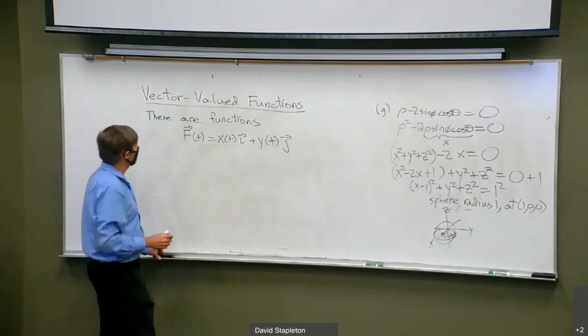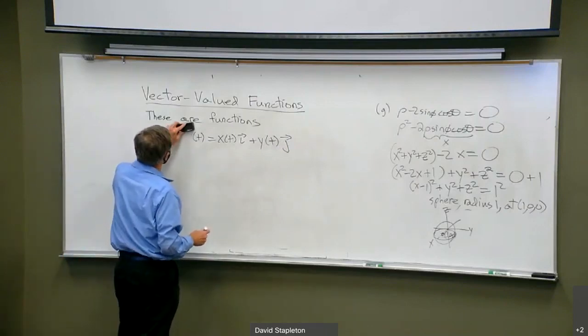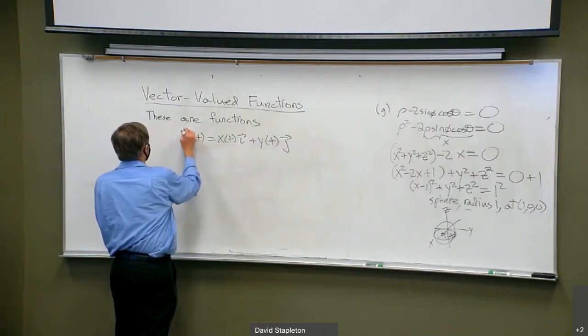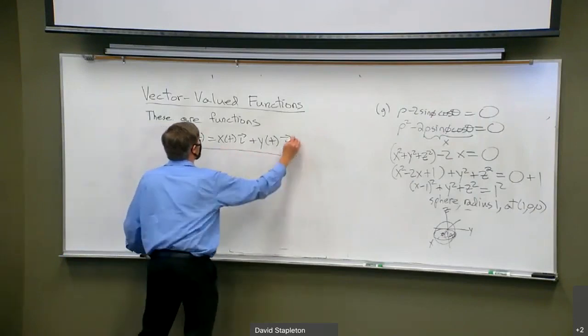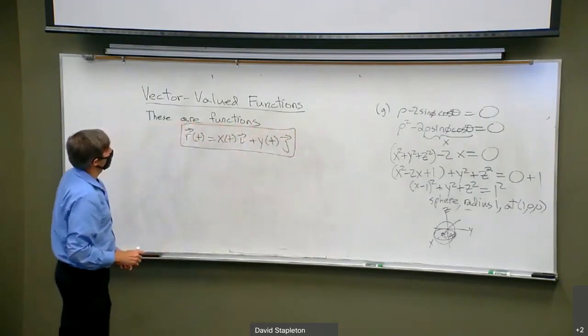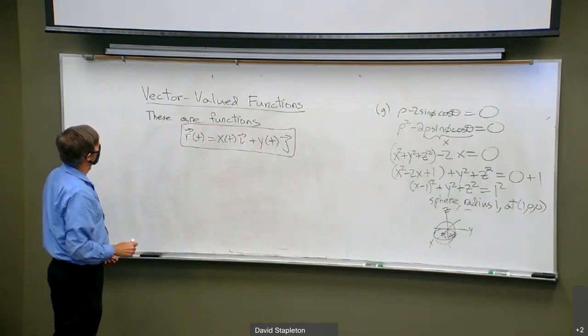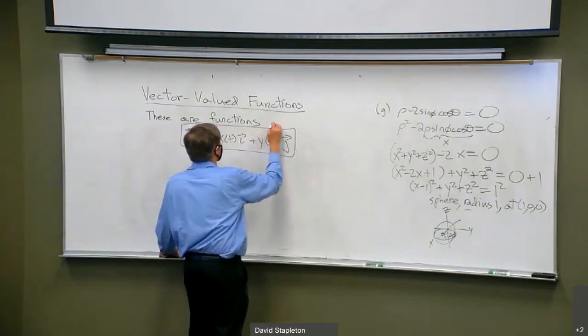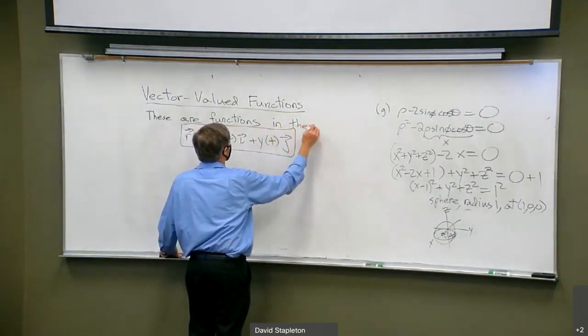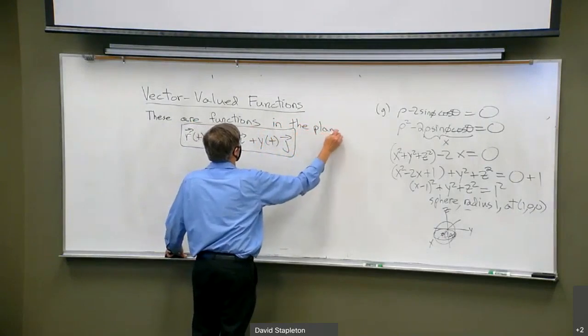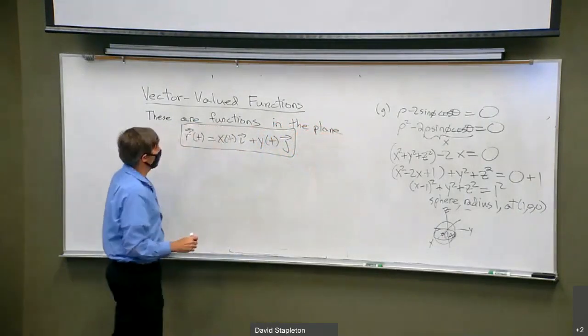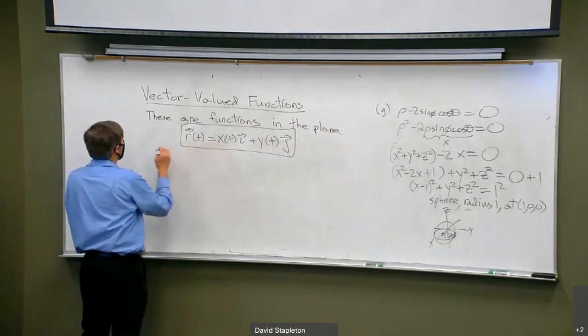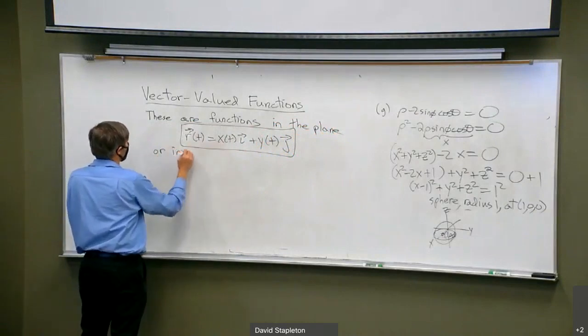Or instead of F, we might use the letter R. This is what physicists like to use. They call R the position vector. And you can do this in the plane. You put in a number t and get out a vector in the plane, or in free space or higher dimensions.